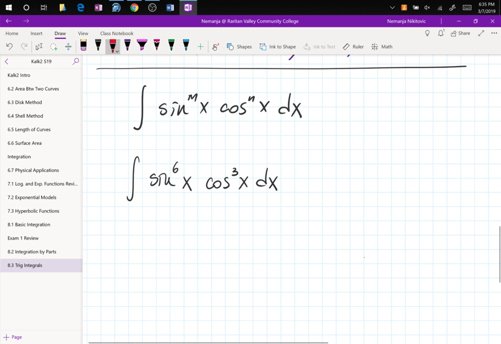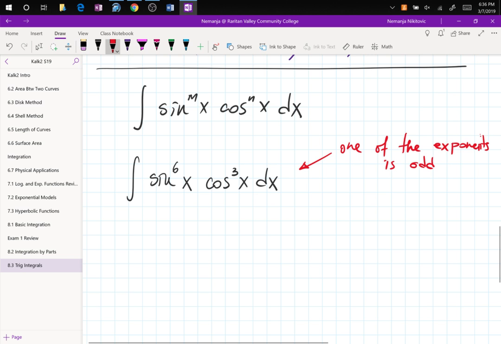And I'll write over here in blood: one of the exponents is odd. That is very important. You are going to get a flavor of the problem that has one odd exponent, or you're going to get a problem with two even ones. That's the one you don't want, by the way. So, for sines and cosines, there are two flavors of problems.